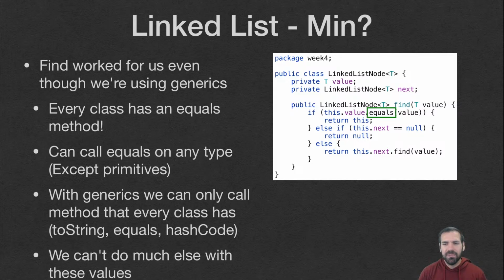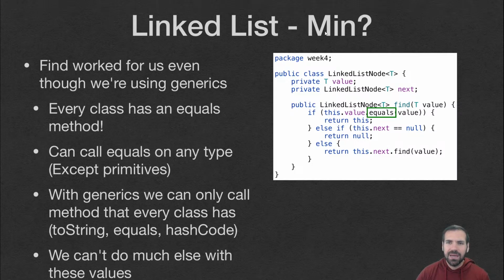But this isn't going to work for most types. Any type that we created did not have a dot equals method. It actually does, but it'll compare them by reference unless we override it, and that's stuff we haven't talked about yet. But it's also kind of a pain and doesn't even get everything we want it to.